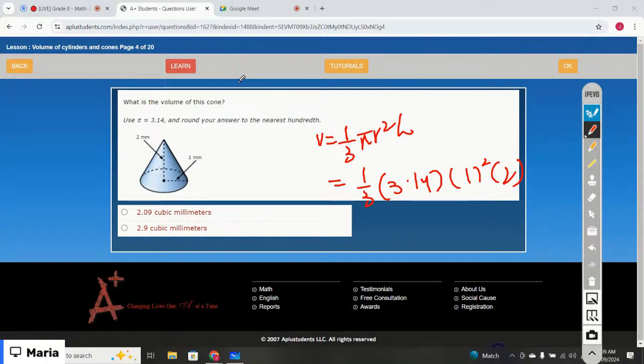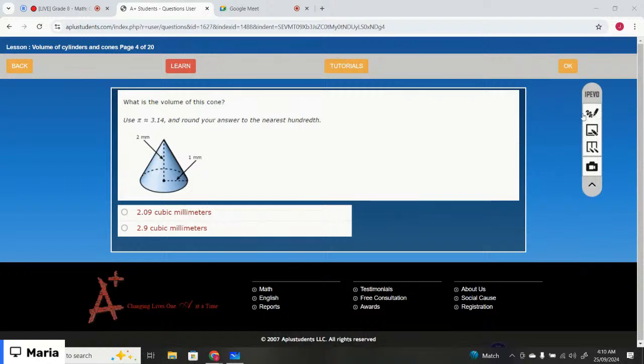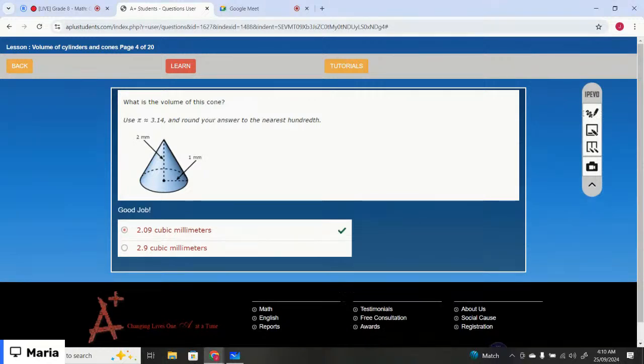That is 3.14 times 2, 6.28 divided by 3. So the correct option is 2.09. Option number 1 is the correct option. That is 2.09 cubic millimeter.